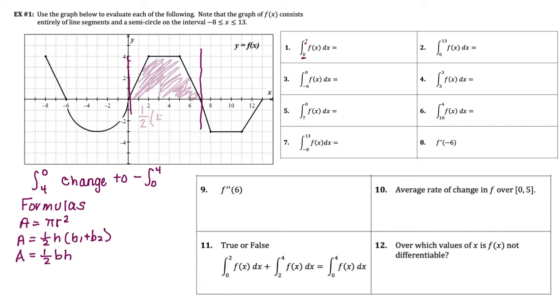So that's going to be 4 times the sum of the bases. Well, this base down here is going to be 1, 2, 3, 4, 5, 6, 7. And the top base is going to be 3. So let's see. 1/2 times 4, which is 2. 2 times 10 is 20. So that first area there is 20, or I know that area inside there is 20.